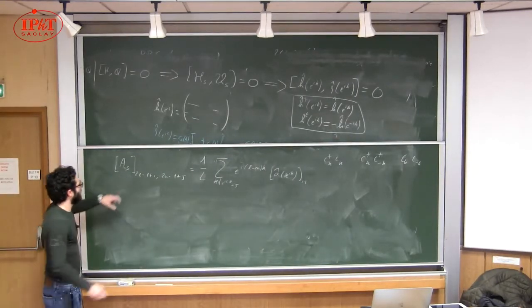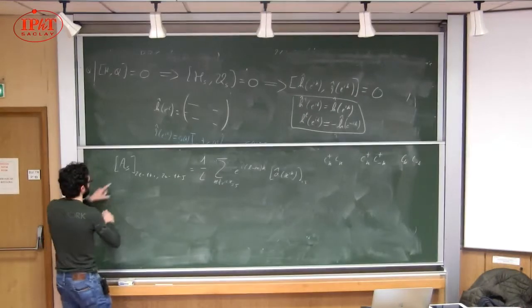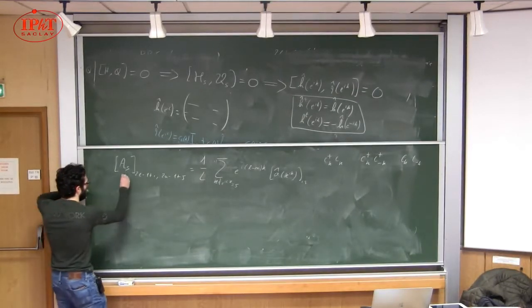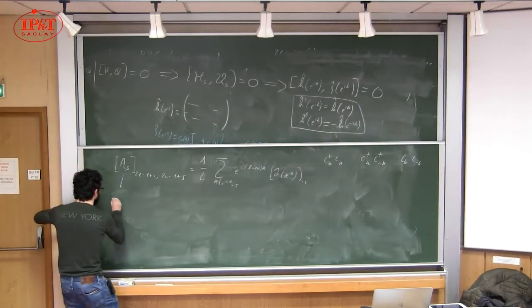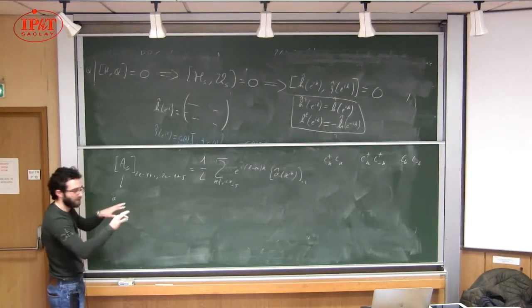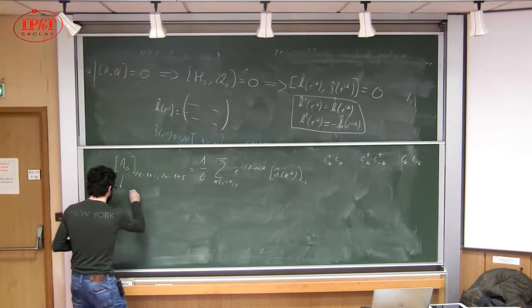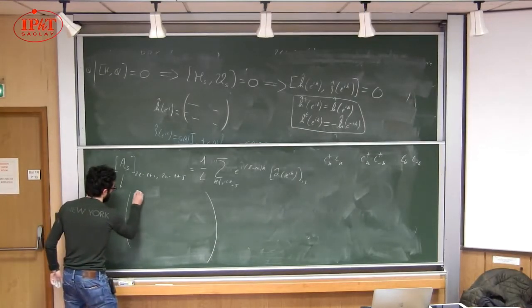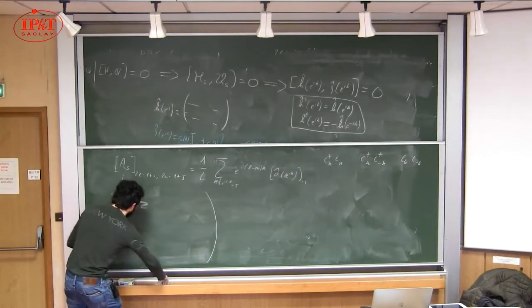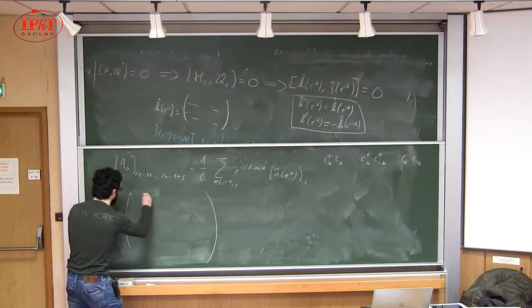Now, you want this matrix to appear in the fermionic Hamiltonian as the matrix that connects the Majorana fermions. Okay, so remember the structure of the matrix, you have block structure.